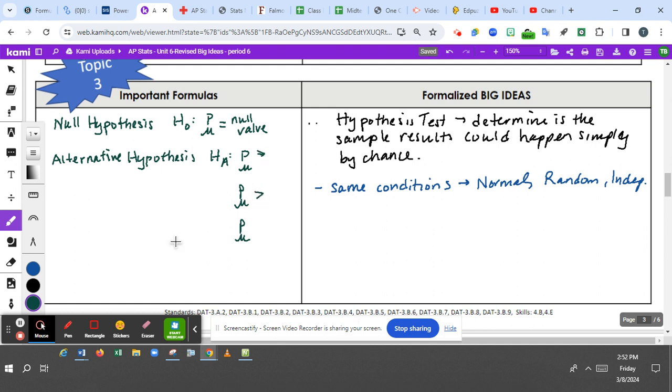So they are greater than, less than. It would help if Miss B draws her pictures correctly. Greater than, less than, or not equal to. Okay, so greater than and less than are called one-sided tests. These are one-sided. And this one is two-sided.